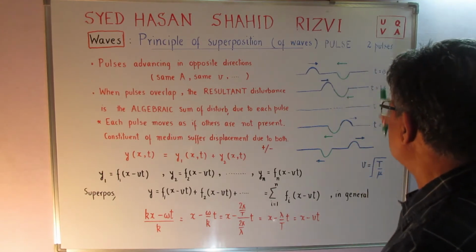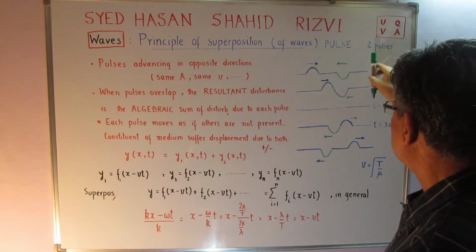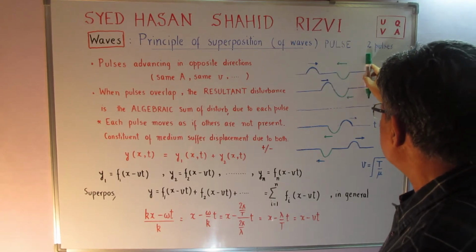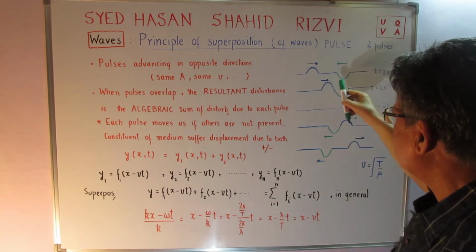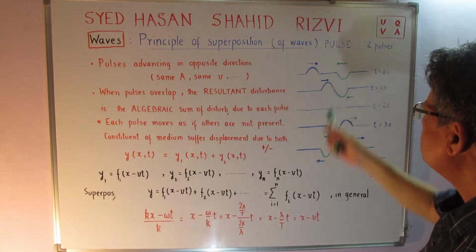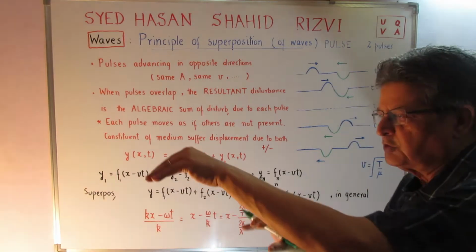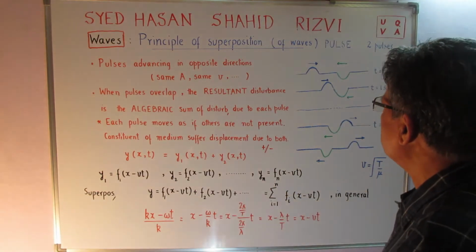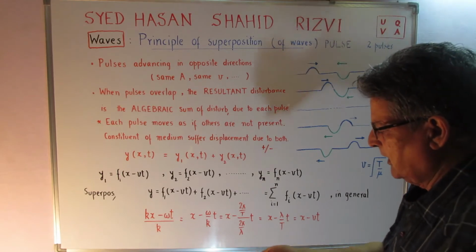If this pulse goes and is reflected back without a loss of energy, then the reflection back will be like this. So there is a pulse. There is a pulse. Shape is like this. There is another pulse whose shape is like this.